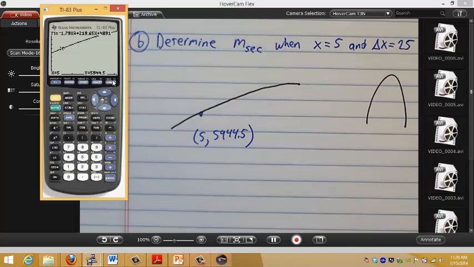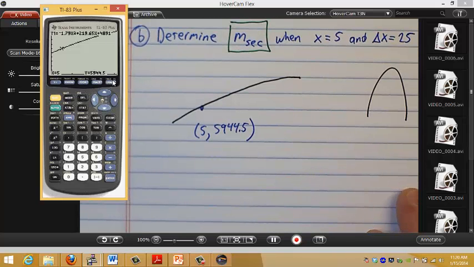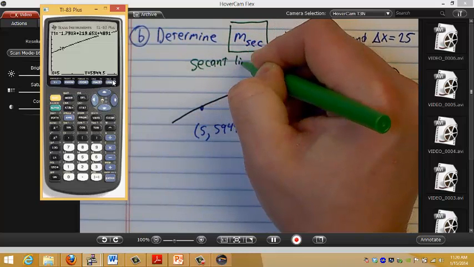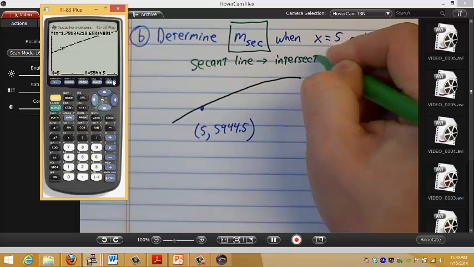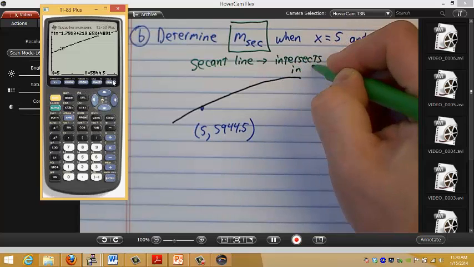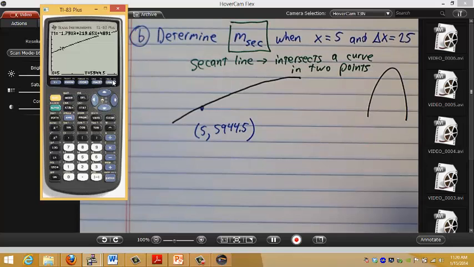Okay. So what we're supposed to find here, when it says m secant, I want you to understand a couple things. A secant line intersects a curve in 2 points. Well, at least 2 points.